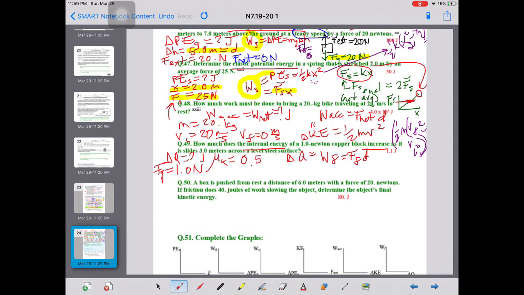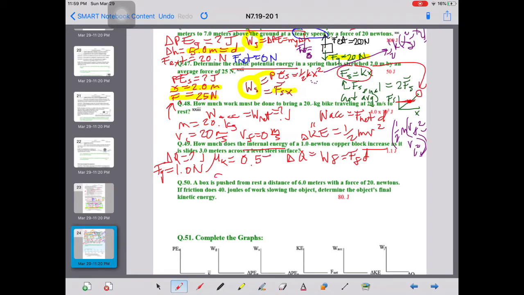I believe that one was point... Ooh, copper on steel. I might be messing this one up. I was going to say 0.57. Then I wanted to say 0.36. Maybe it's 0.36. Anyway, I'll fill that in a second. Let me think about it. It'll come back to me at some point. Okay, so let's keep going here.